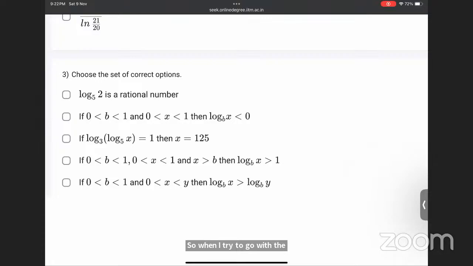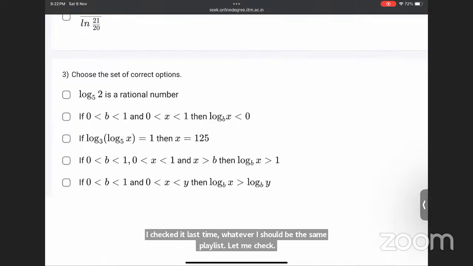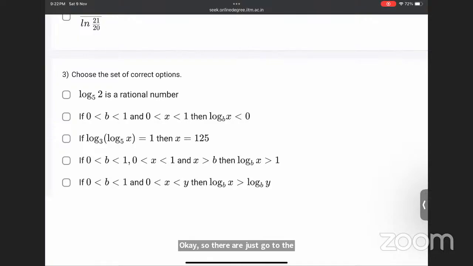Okay, let me check once. I checked it last time, and whatever I remember, it should be in the same playlist. Just go to the playlist. Then you can find a portion called Maths 1 assignment solution videos. Can you check it? Then you can find all the solution questions.